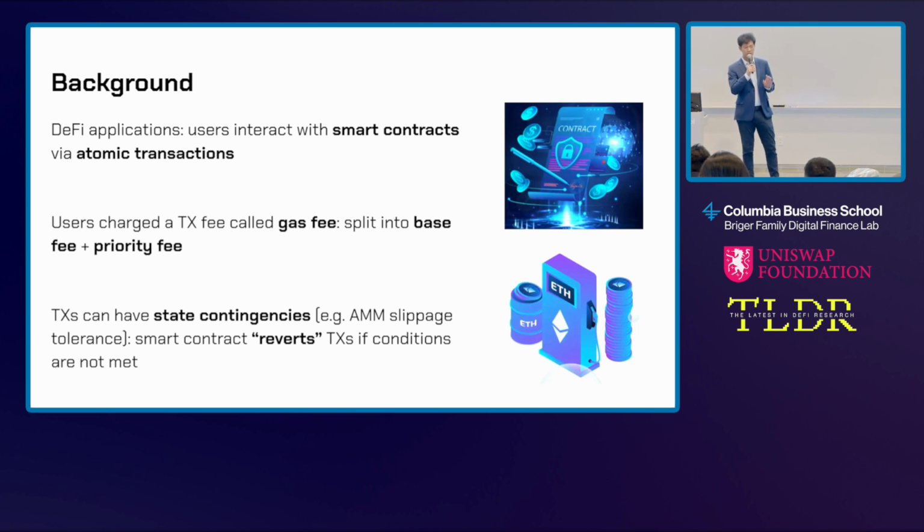Now these transactions can have state contingencies built within them. For example, if we are trading on an automated market maker, there are set slippage tolerances. If these state contingencies or conditions are not met, then the smart contract will revert the transaction, basically causing it to fail.